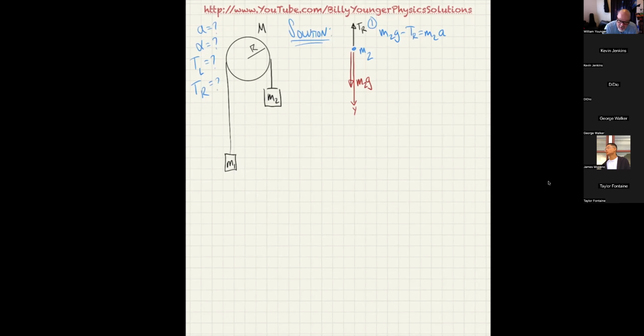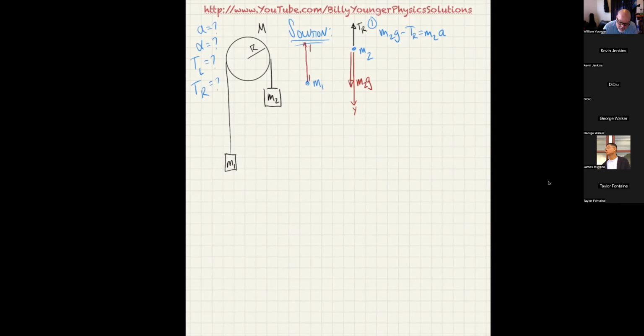Now I'm going to draw another free body diagram. I've already decided that the thing on the right going down is the positive direction, so the thing on the left going up must be the positive direction. I'm going to draw a free body diagram right here. That's going to be M1. This is going to be my y-axis.